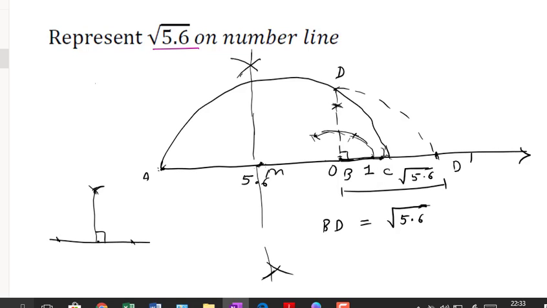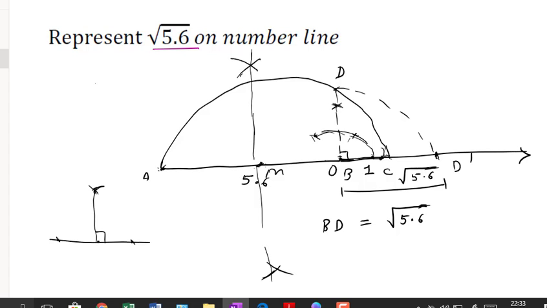5.6. So here they have not asked us to explain how this distance is root 5.6, they only ask us to represent root 5.6 on number line. So the major problem is to draw this diagram. Here in the beginning itself you could have named this point as O, because now you understand that this should be your origin.